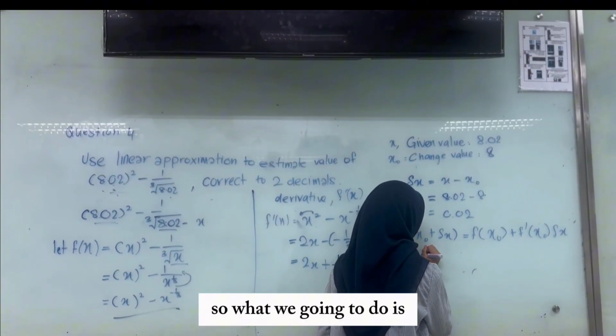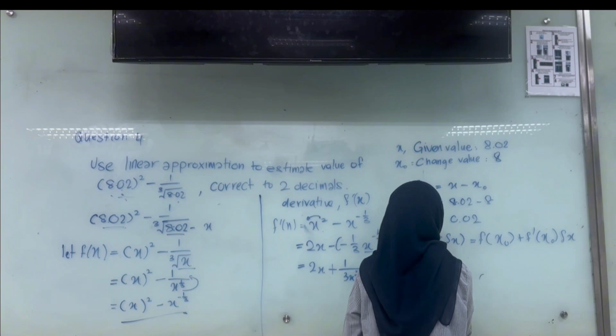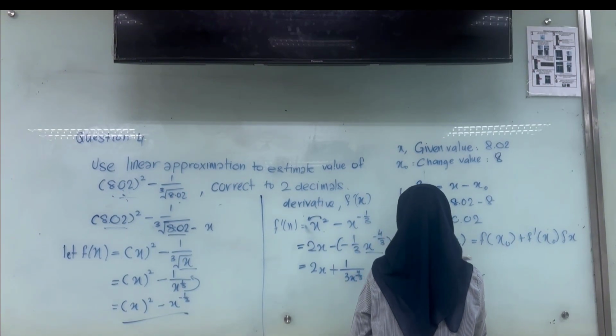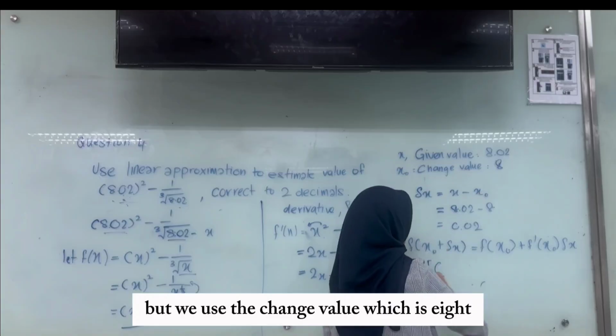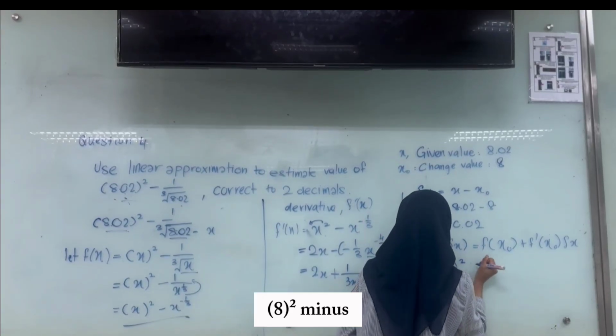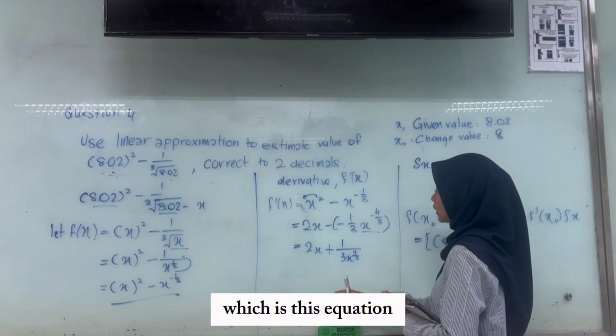So what we're going to do is substitute this with this equation back. But we use the change value, which is 8. 8 squared minus, which is this equation.